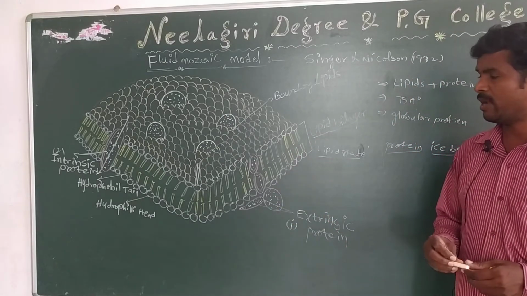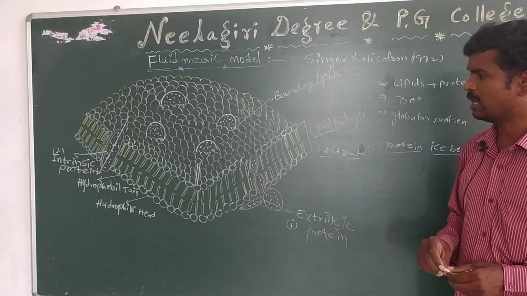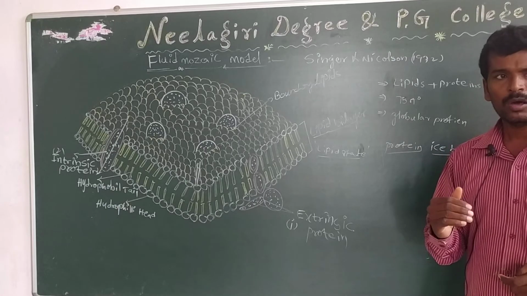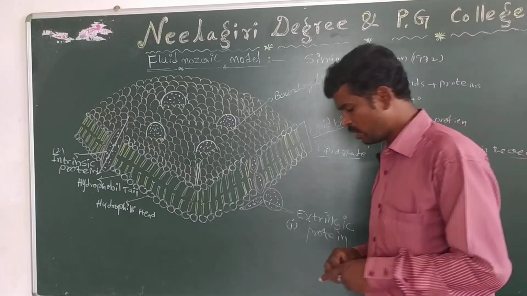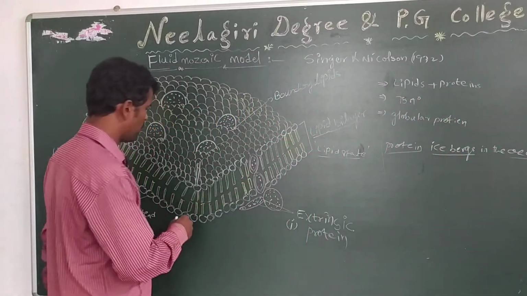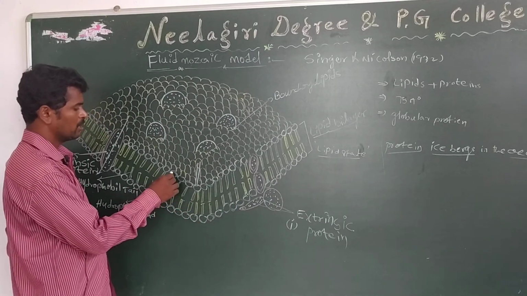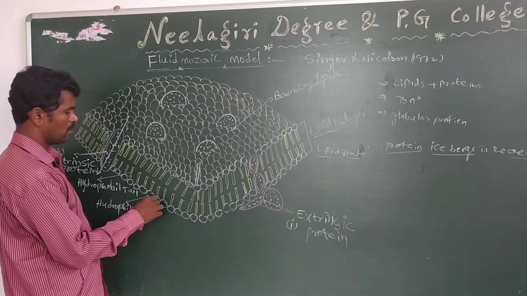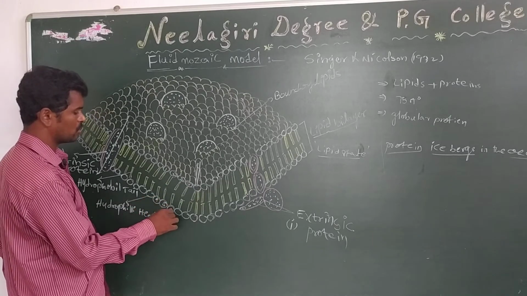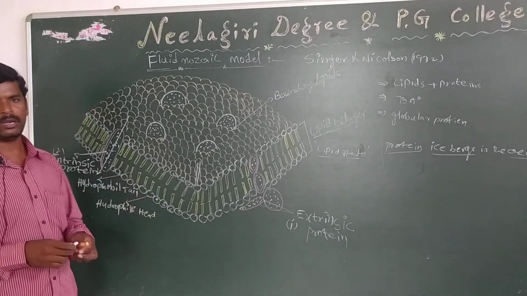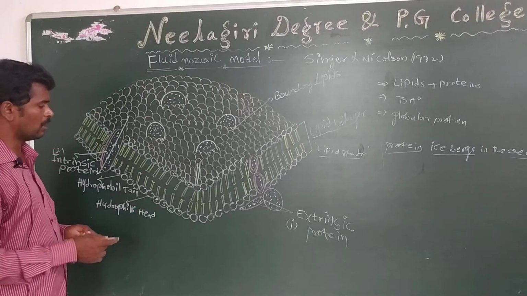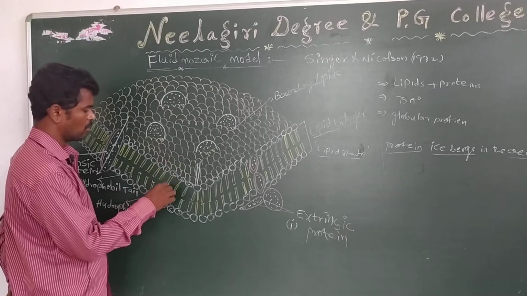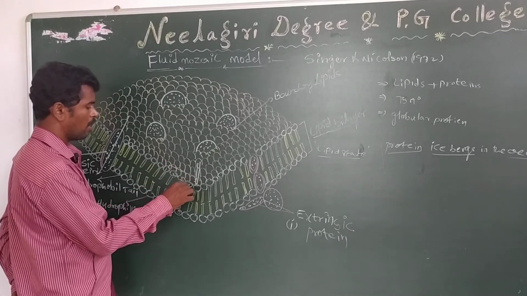Another main important point of the fluid mosaic model is that the lipids rotate and move. For example, the moving of lipids: this is 1, 2, 3, 4, and this is A, B, C, D. These are the lipid layers, and the lipids move, for example from 1 to 4 or 4 to 1.